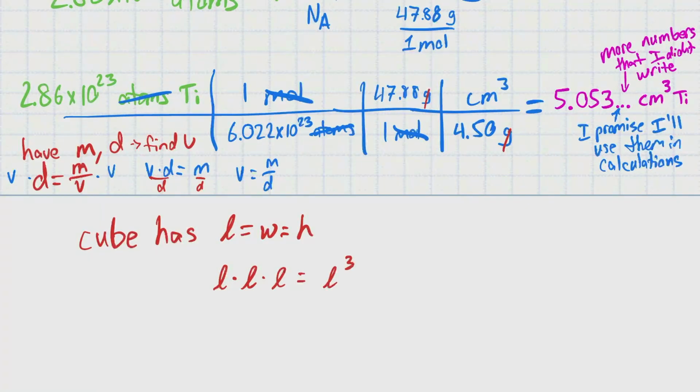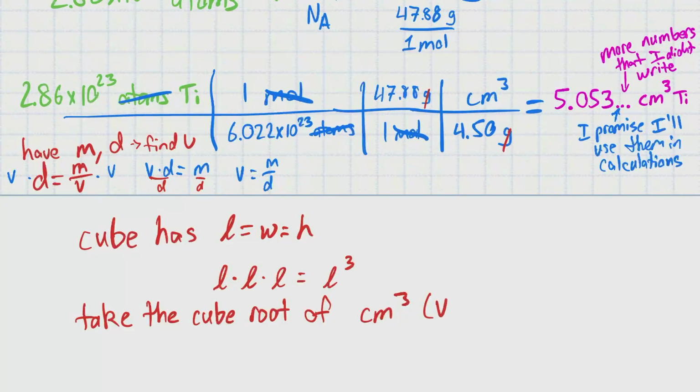It's basically got a volume of length cubed, since length equals width equals height. And so we're going to take the cube root of cubic centimeters. That's our volume. And that'll give us the edge length.